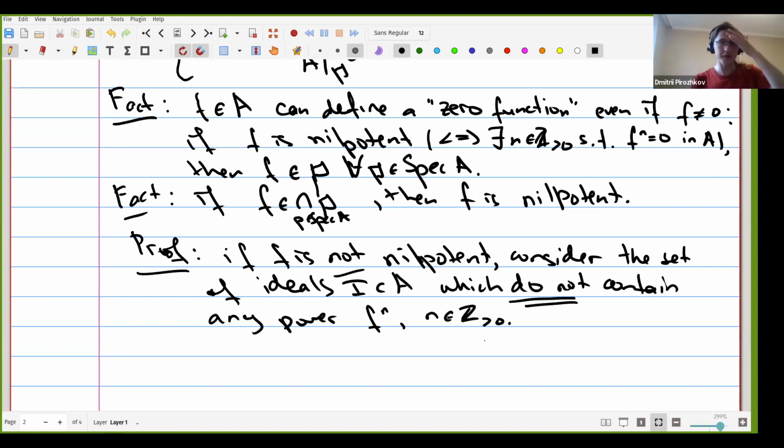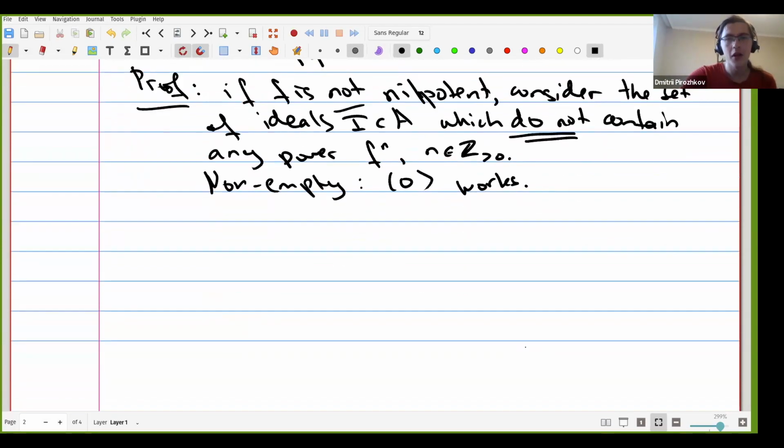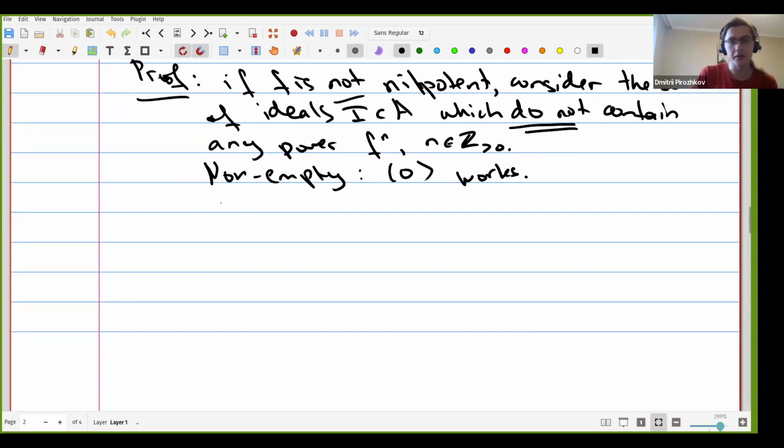Note that since f is not nilpotent, no power of f is equal to 0. So this set of ideals is non-empty, since the 0 ideal works. This is a partially ordered set by inclusion.